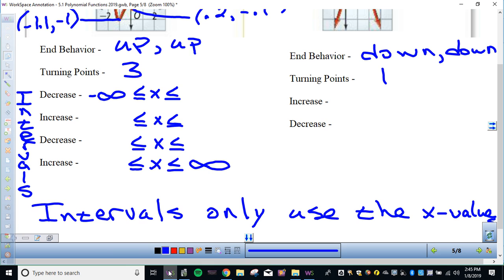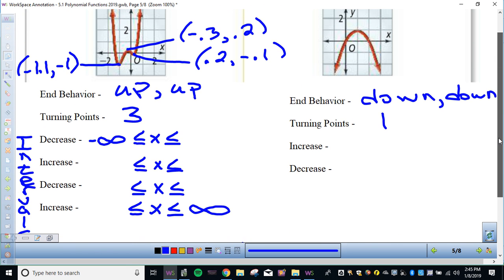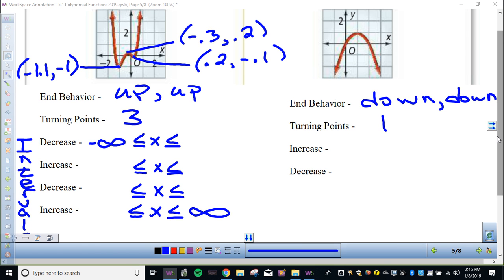So we always start with our smallest x value, right? So start with negative infinity, and the first number we're going to write is the smallest x value, which is, what's the smallest x value of those max and mins I wrote? Negative what? Negative 1.1, right? Smallest one. I just go with the first x value I did. Second x value, third x value, okay? So that negative 1.1 repeats.